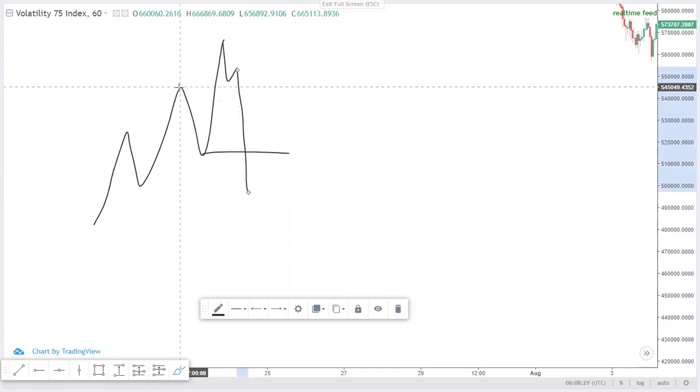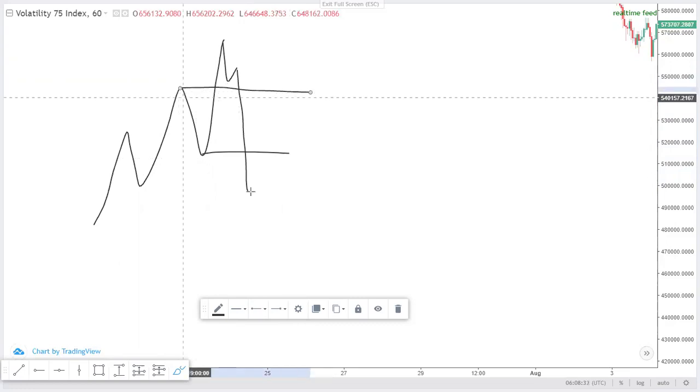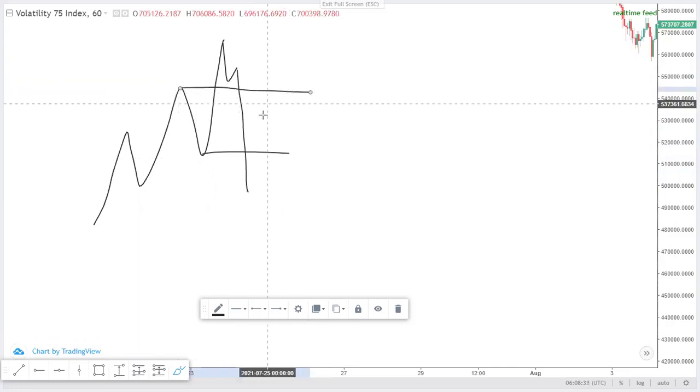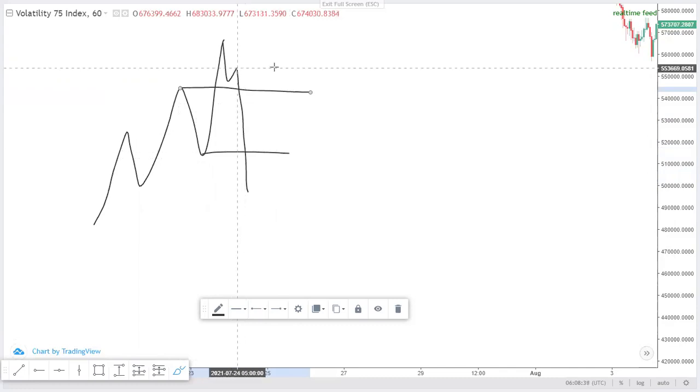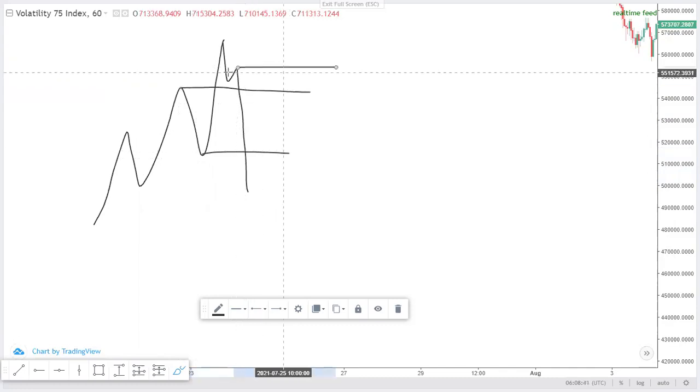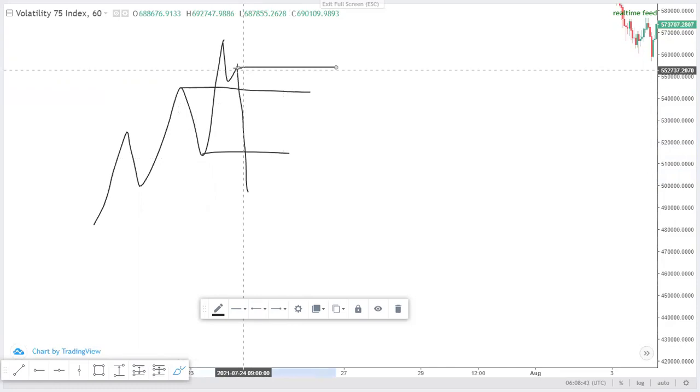We are anticipating for price to come to retest our invalidation point, right? But at the same time, we have this point right here. This point, we usually call invalidation X.